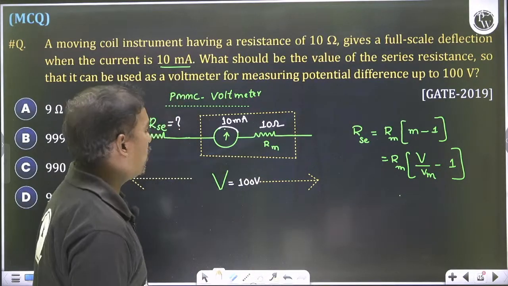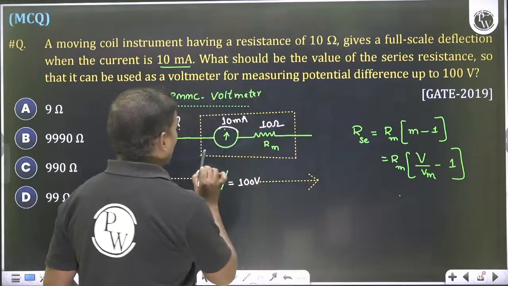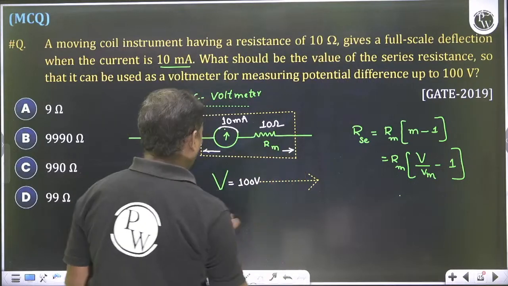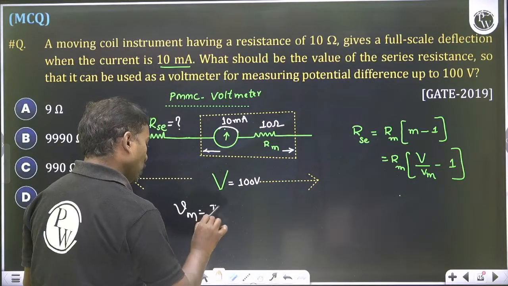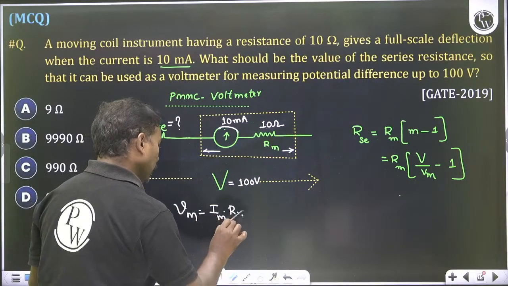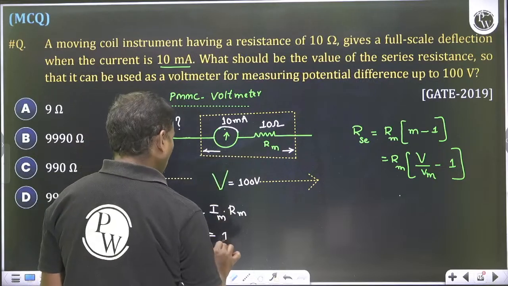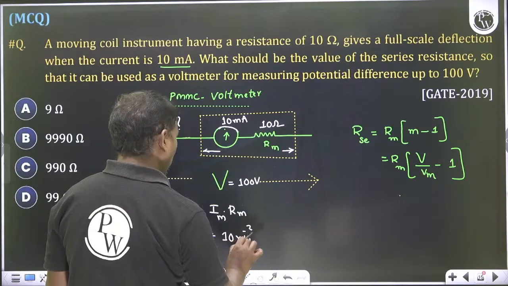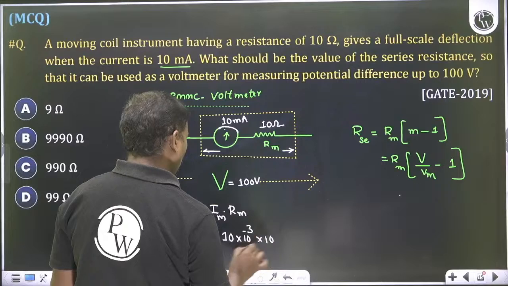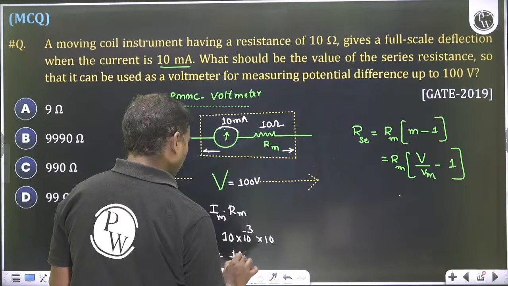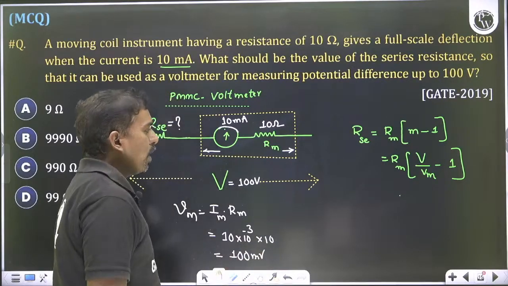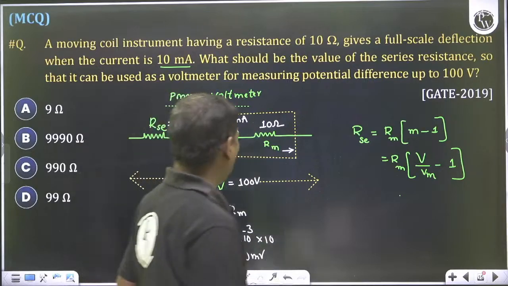So what is the value of Vm? Vm is equal to Im into Rm. Im is 10 milliamperes, 10 into 10 power minus 3, and meter resistance is 10 ohms, so that means 100 millivolts. He wants to extend this range from 100 millivolts to 100 volts.